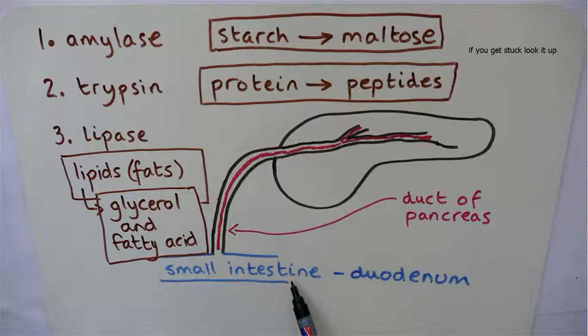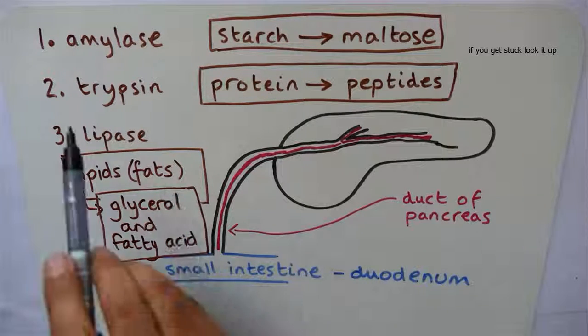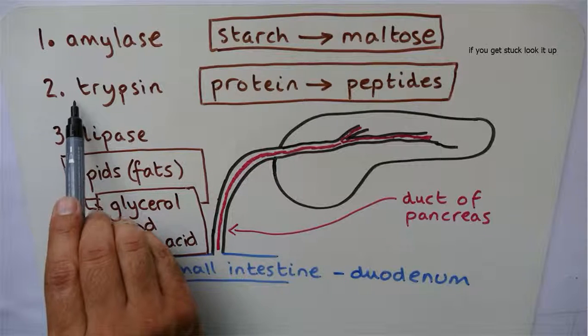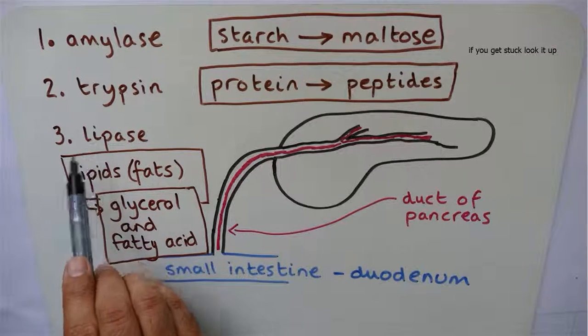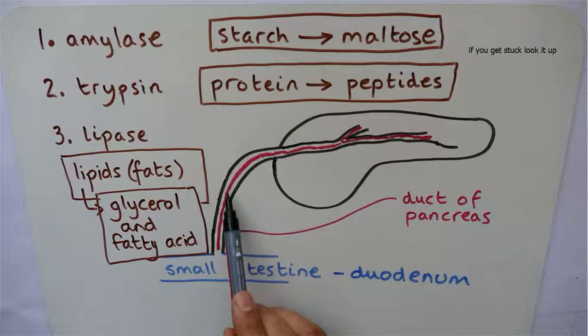Into the small intestine. And the small intestine is called the duodenum. Now, this produces 3 things: amylase, trypsin, lipase. It passes down this duct into the intestine.